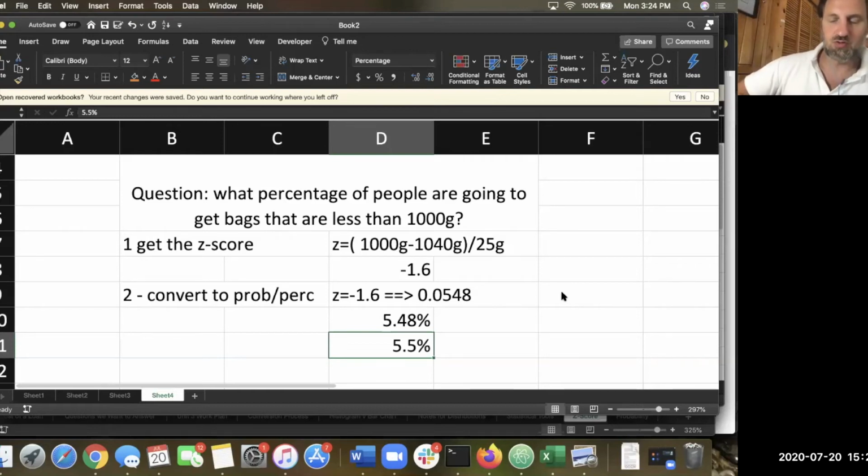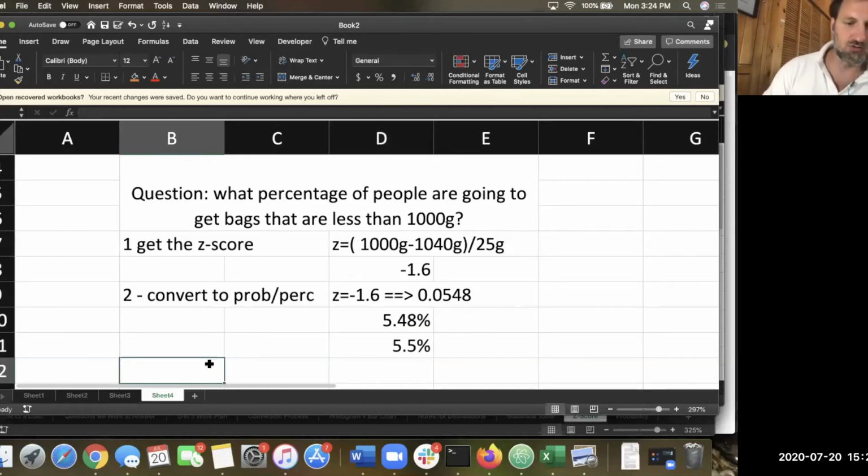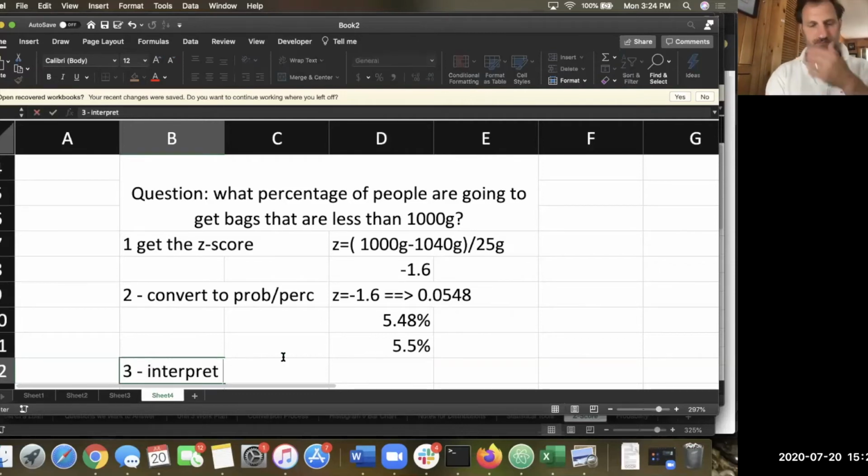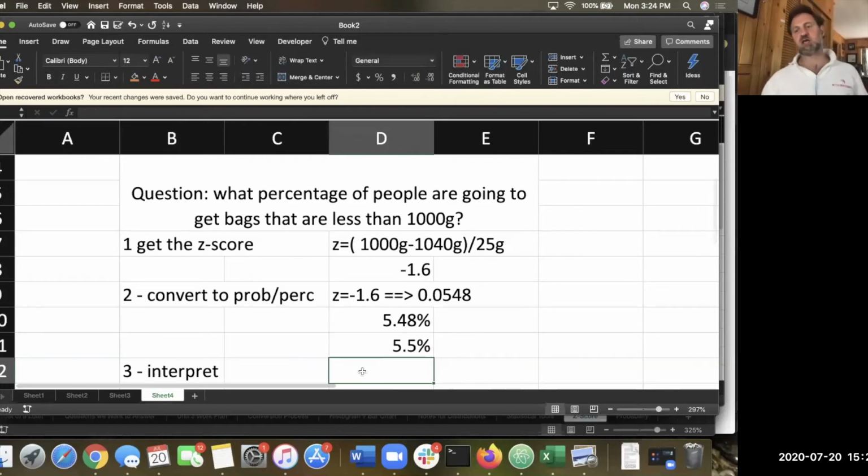The third step in the notes was to interpret it, and I said this is a little complicated. I can't give you specific instructions about when it's going to be this or that. I wish I could say every time you see the word more it's like this, and every time you see the word less it's like that. But in reality, you have to think about what we're asking here. I want to know who's getting less than 1,000 grams.